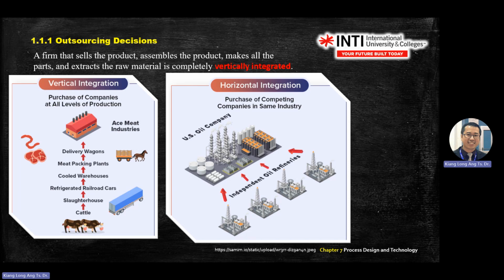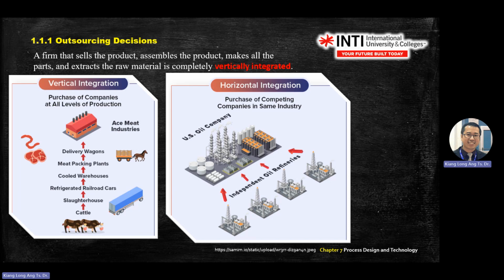So you need to consider how you source your ingredients. On the left-hand side is vertical integration. You can see from cattle to slaughterhouse and so on, and then you get the slice of the meat. Okay, this is vertical integration.